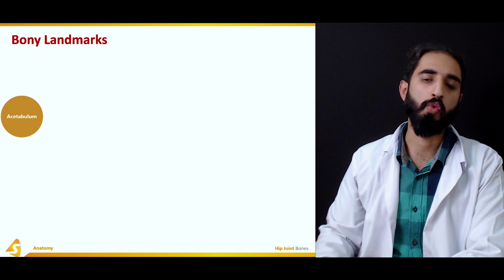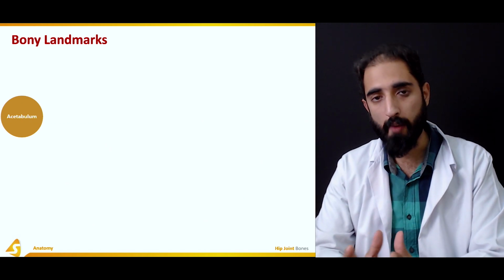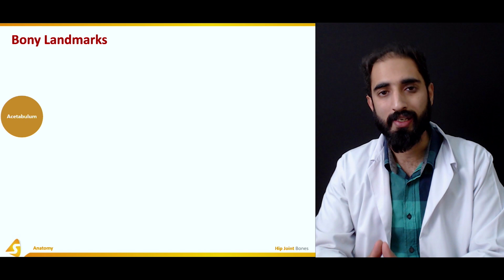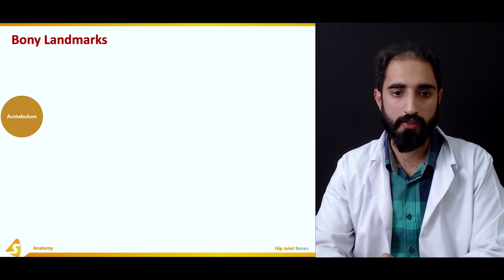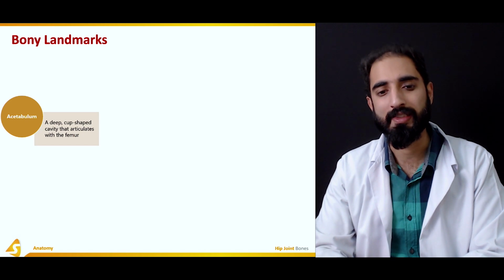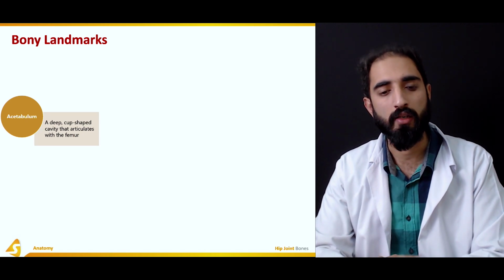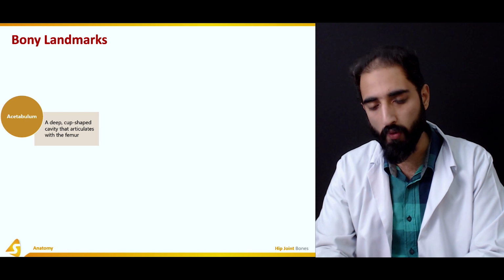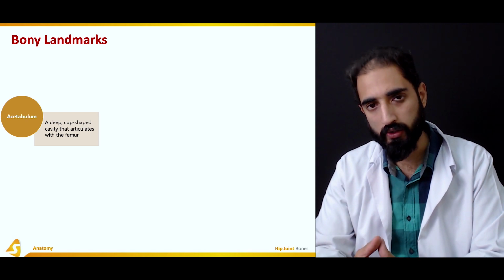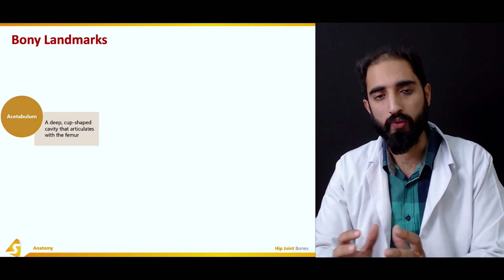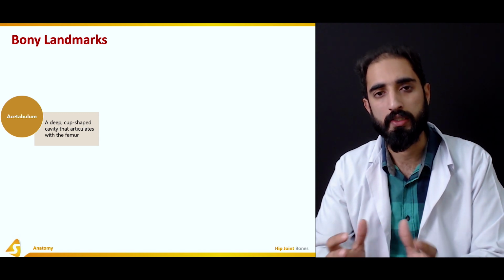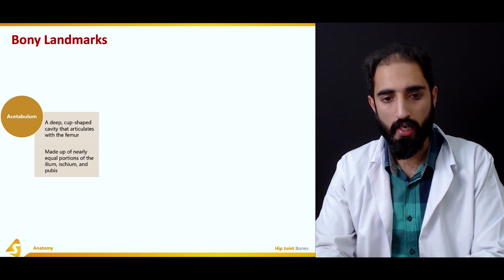Other landmarks which are very important include the acetabulum, because it is the concave bony partner of the two articulating surfaces, and it is a deep cup-shaped cavity that articulates with the femur, but it is smaller than the femoral head, so it needs the acetabular labrum to deepen the socket to receive the femoral head.